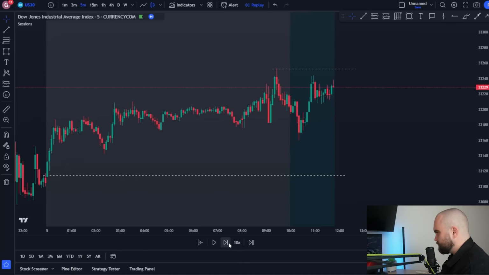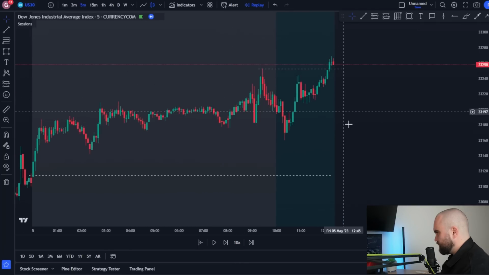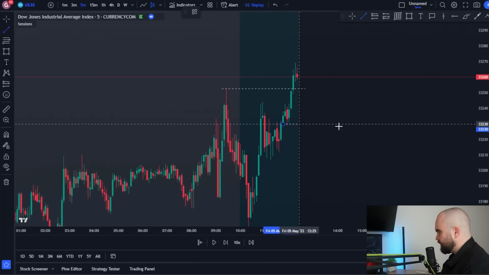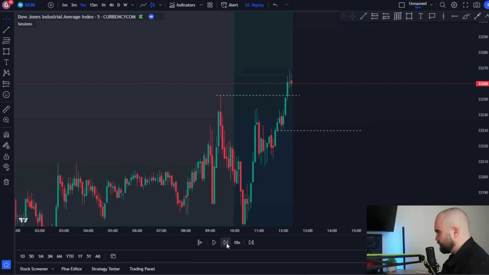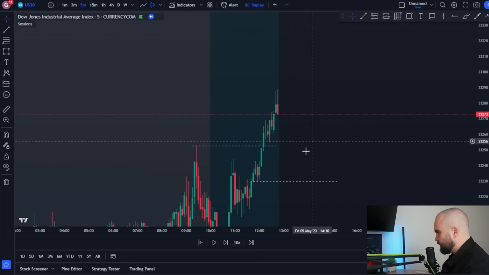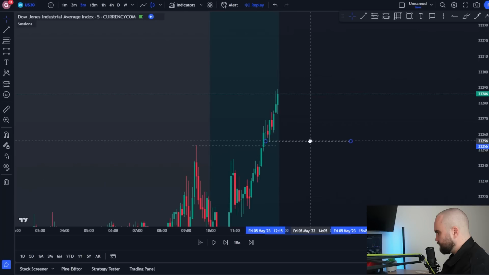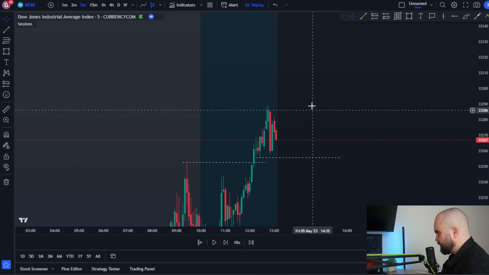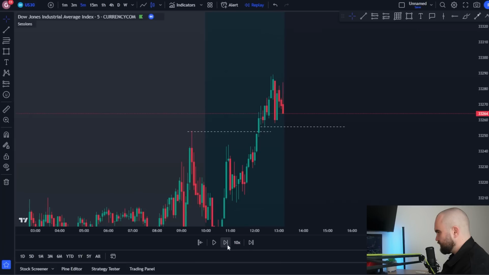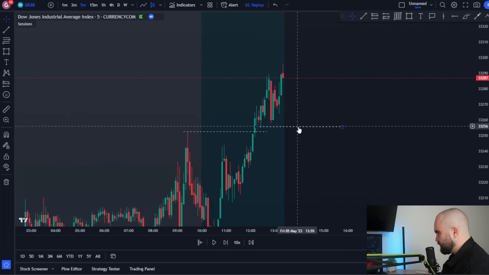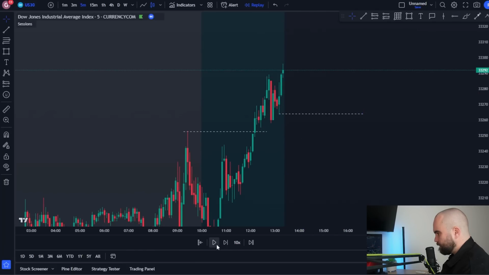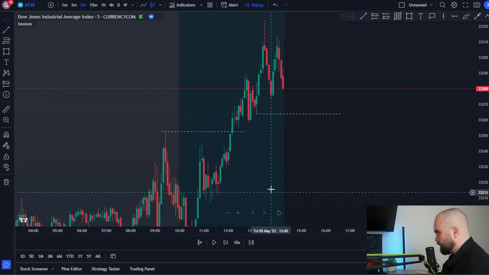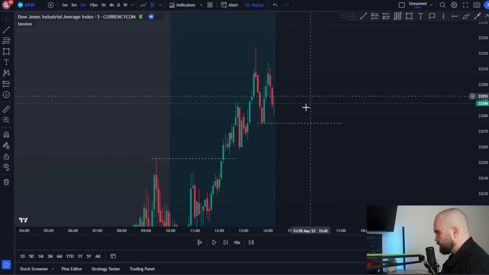Let's see if we get the sweep. I like the liquidity building here. So if price breaks this, then I will look to... Okay, now I will look for this. See, I like this big push here, but obviously it has not broken yet. And here we go.